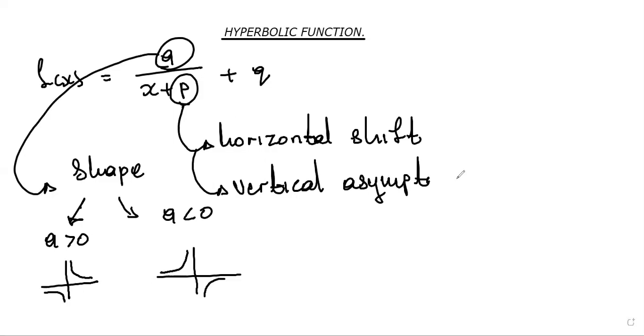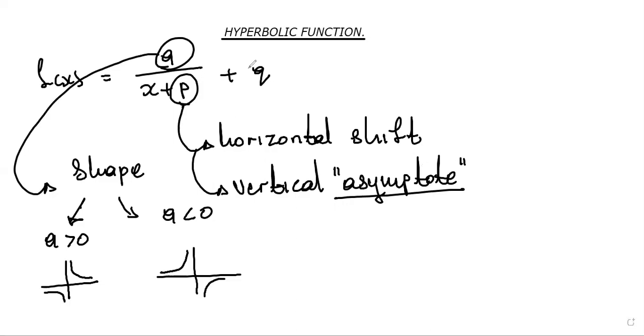So what is this asymptote? An asymptote is a line that a function neither touches nor crosses. So meaning at the asymptote, it's where your function is undefined, where your function does not exist.